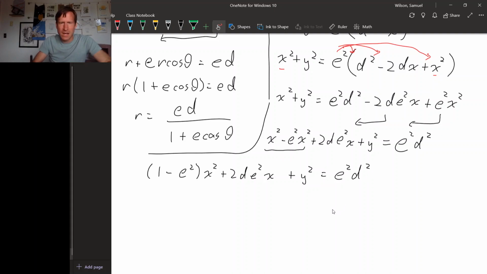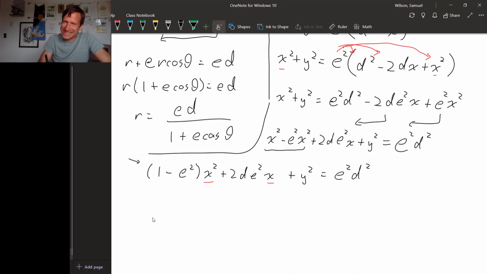Now, when we have a squared term for a variable and a first power term, to see what conic section this corresponds to, we would need to complete the square here. So this is going to get bad before it gets better, for sure, because we have to complete the square when the leading coefficient isn't 1.